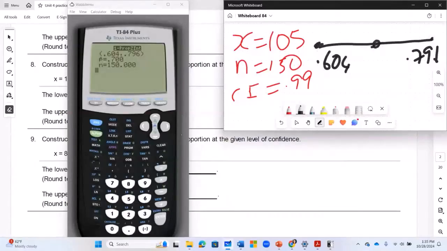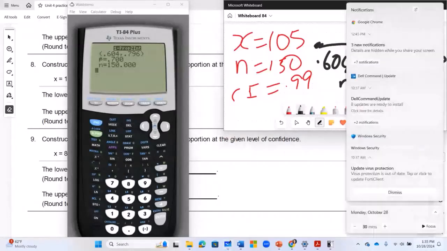The point estimate is given to me as 0.7 again, and the sample size is 150. All right. So if I'm told to find the margin of error, the margin of error is 0.096. So that is the margin of error.